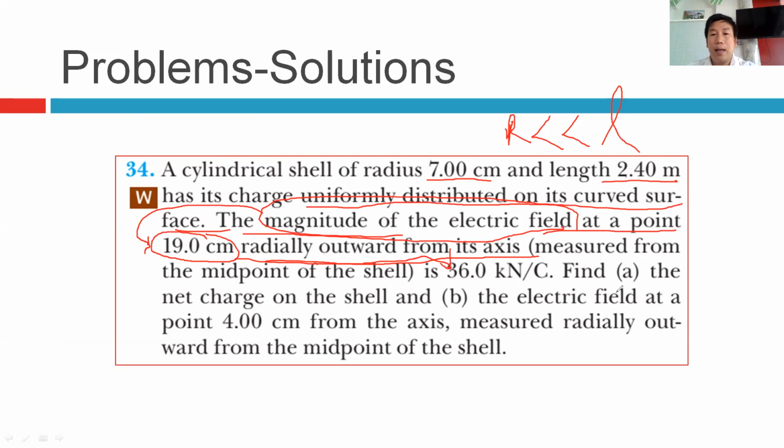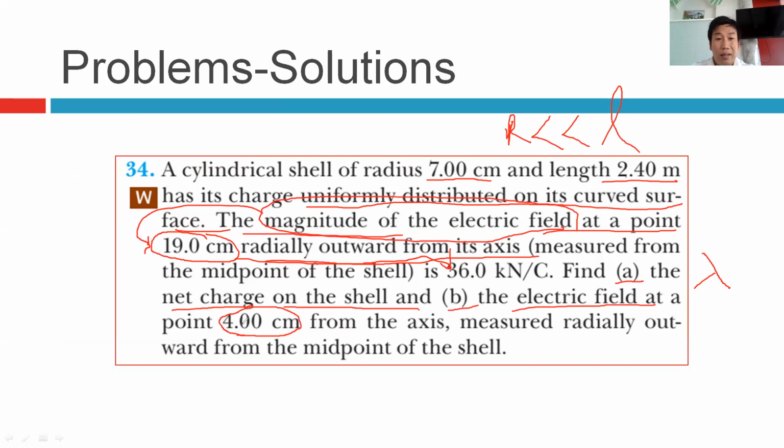They also ask to find the net charge on the shell, which means we also need to determine lambda, right? And question B asks for the electric field at another point.